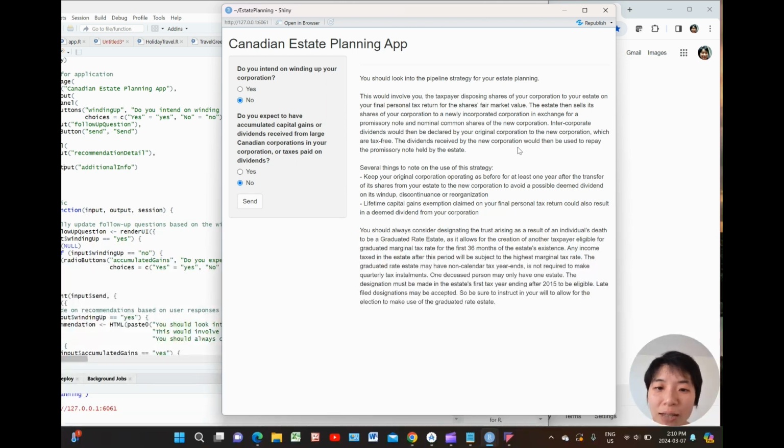This is being pulled from bulletins that Canada Revenue has published, and we have found several cases where the corporation was wound up within a year after the transfer, and they deemed this dividend to be paid out and subject to tax. So make sure that you keep your original corporation operating as before for at least 1 year after the transfer.